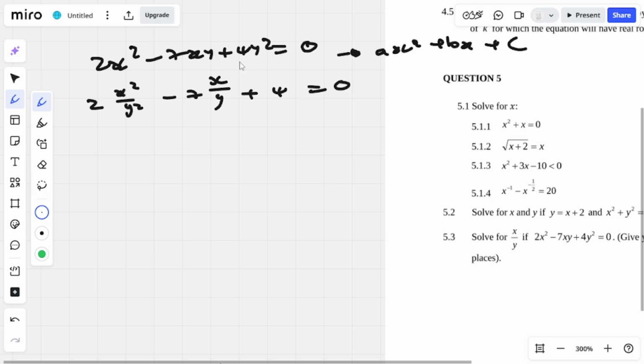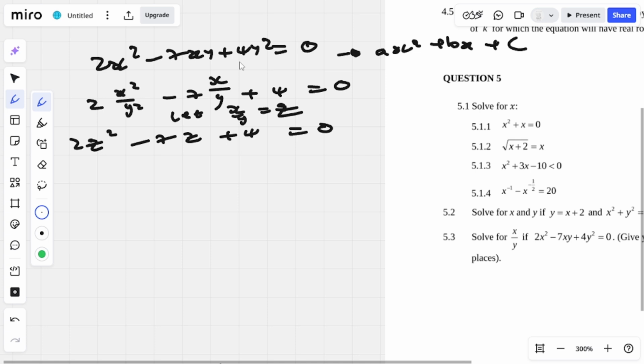Now if it is still confusing you, you can just take this as 2z squared minus 7z plus 4. If it's still confusing you, you can just say let x over y equal z, so that it can become easy for you.